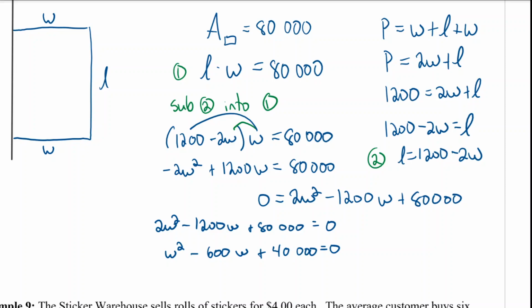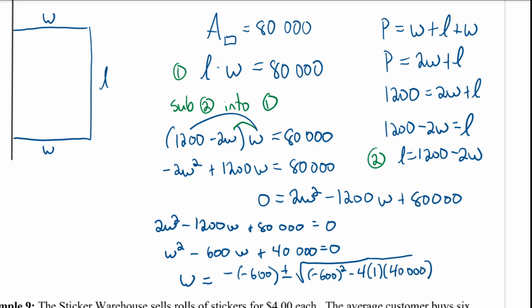I'm just going to write it down as the quadratic formula, and we end up getting W equals negative B, so negative of negative 600, plus or minus the square root of B squared minus 4AC, which gives me negative 600 squared minus 4 times 1 times 40,000, all over 2 times 1.